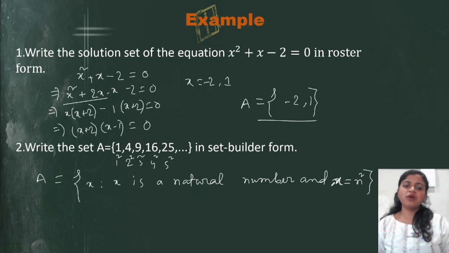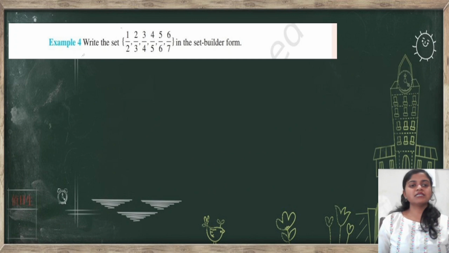This can be a set. For n you can put 1, 2, 3, 4, 5, whatever, and we get the values. Infinite values.